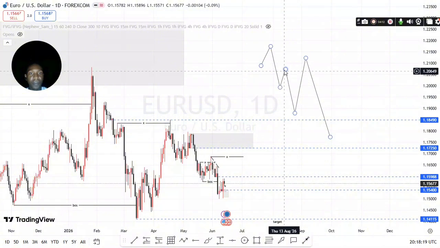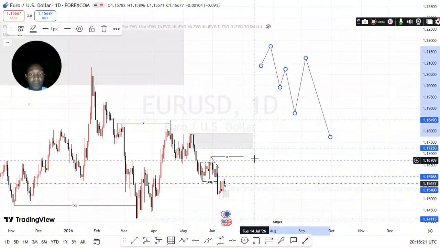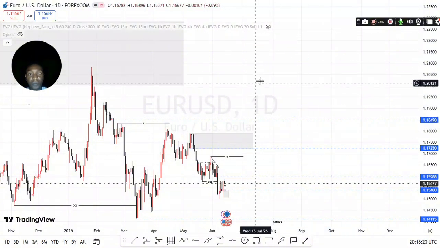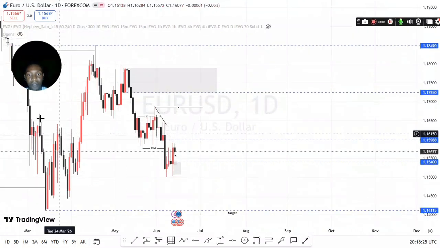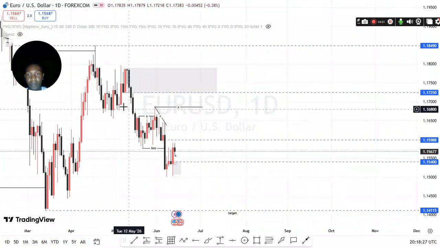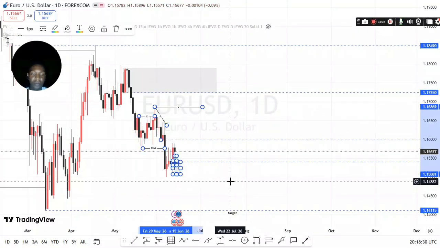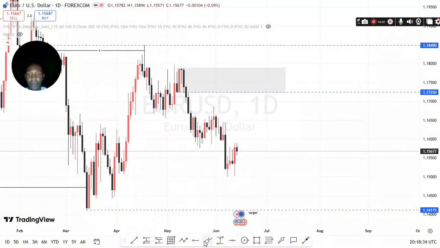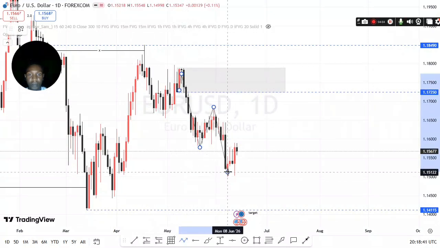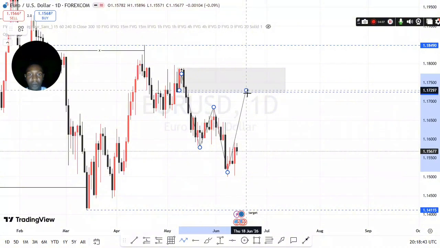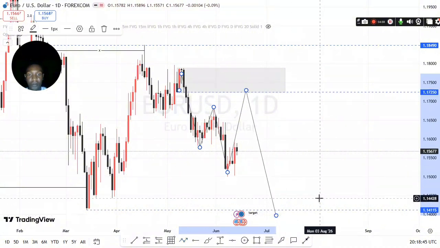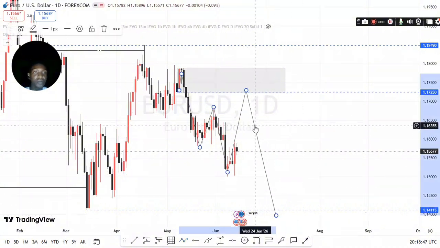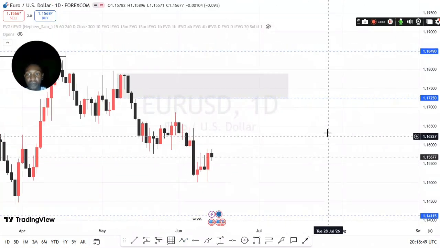This is the model that is at work on EU now. Let me just quickly clear whatever I have here. So I'm expecting price to go up here and continue to sell. That's the whole idea for EU.